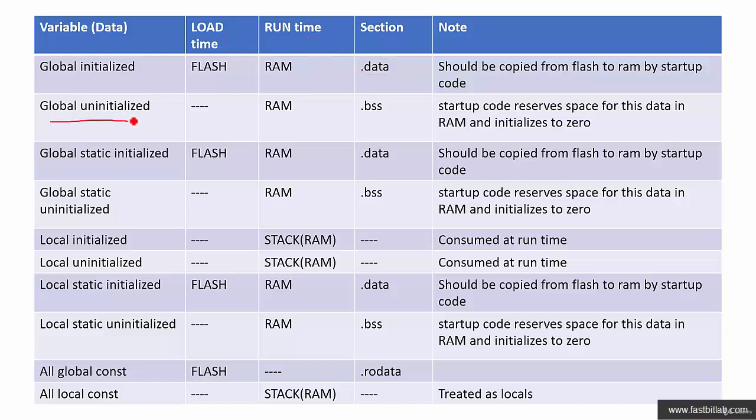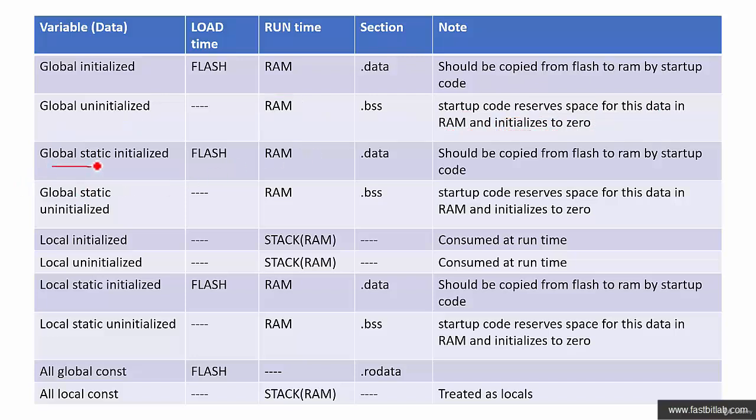How about global uninitialized data? It is in the BSS section, and it doesn't have any load address because it is not stored in flash. Only a space is reserved in RAM. The startup code reserves space for this data in RAM and initializes it to 0. So your startup code has to do that.